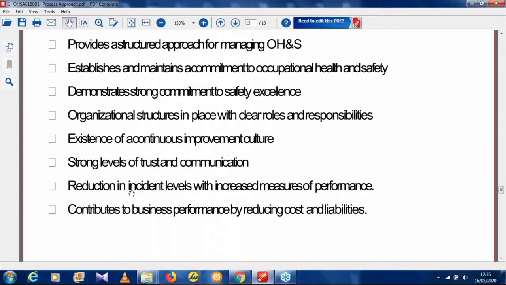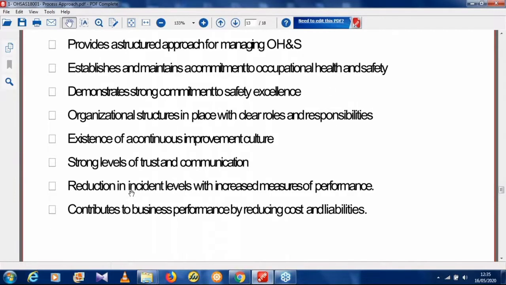Now, it also contributes to business performance by reducing costs and liabilities. If you have an accident in an organization, there are costs that will be incurred, both direct and indirect costs. We also have, in some cases, insured and uninsured costs.